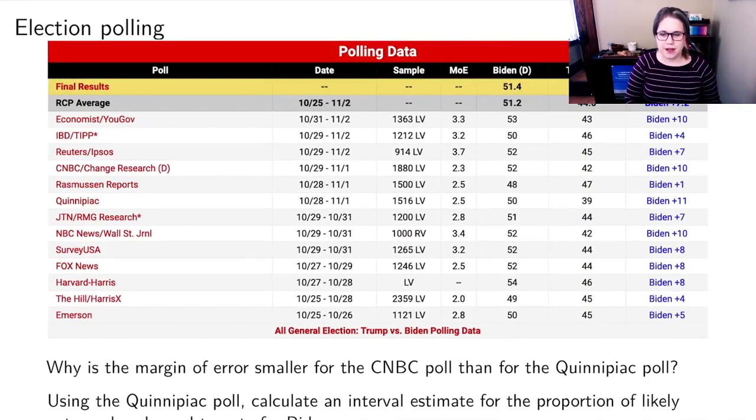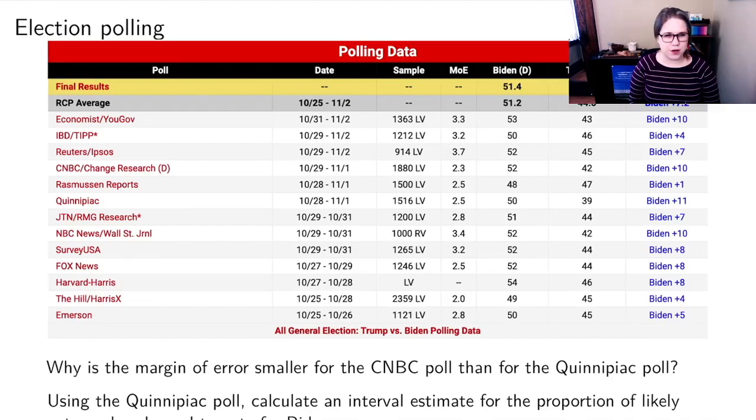I'm bringing back this election polling data that I showed you last time. And one question is, why is the margin of error different between these different polls? So it says MOE, that stands for margin of error. And if I look at the CNBC poll, the margin of error is 2.3 percentage points, and the Quinnipiac poll is 2.5 percentage points. So what's different about these two polls?